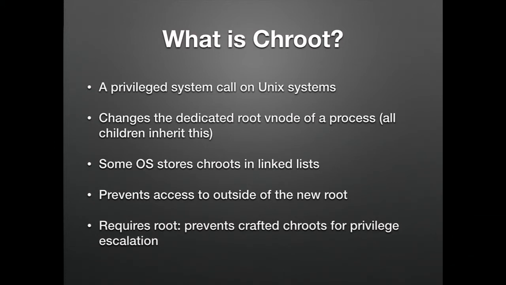That's how it knows the root directory of that process. If you call chroot in that process, you can change this vnode entry in the process structure. So the process won't be able to escape that directory anymore, and it won't be able to see the outside of that directory.